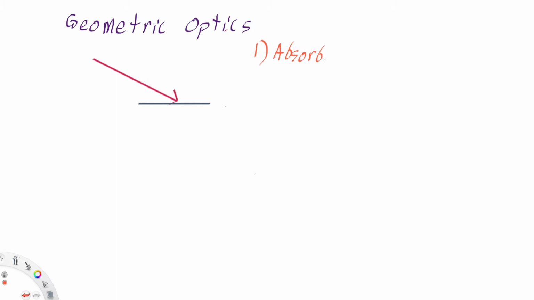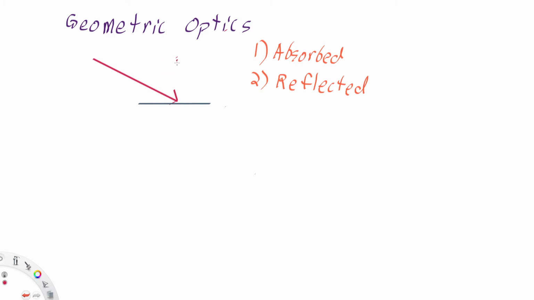If it gets absorbed, it just heats up the surface. It can get reflected. Reflected light just bounces off the surface.